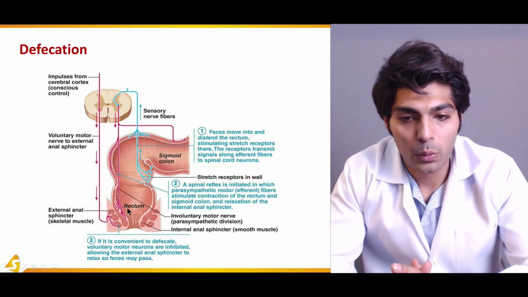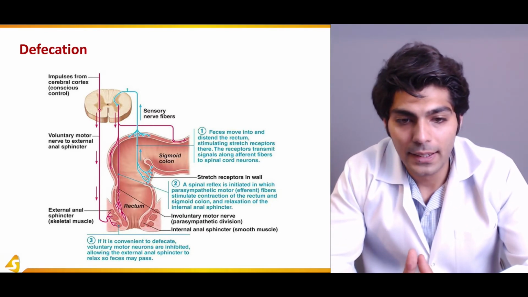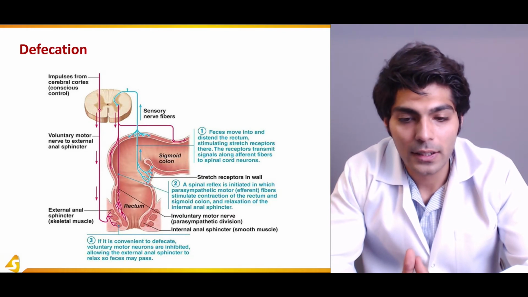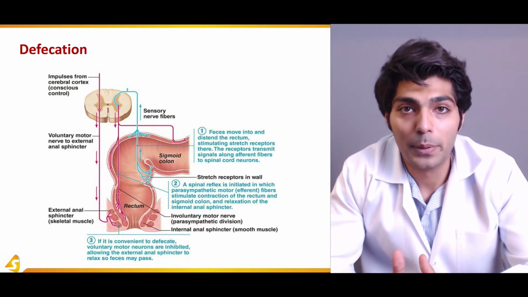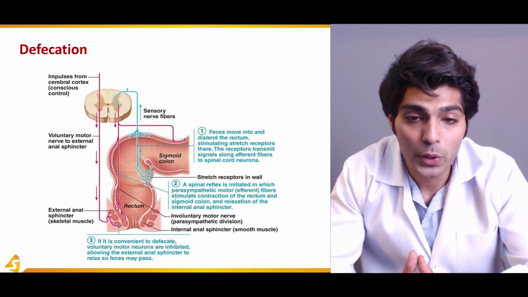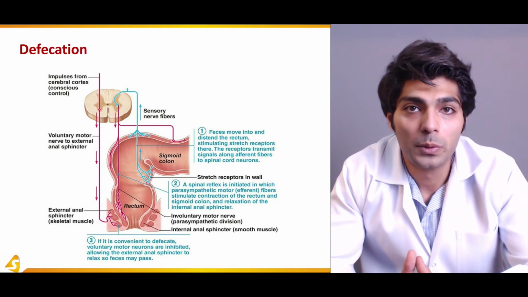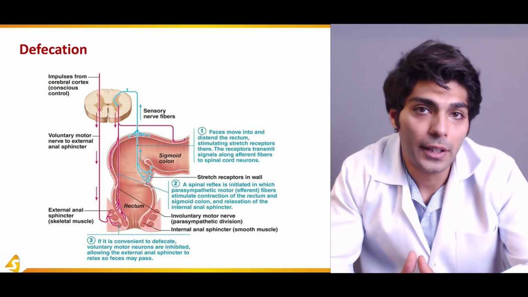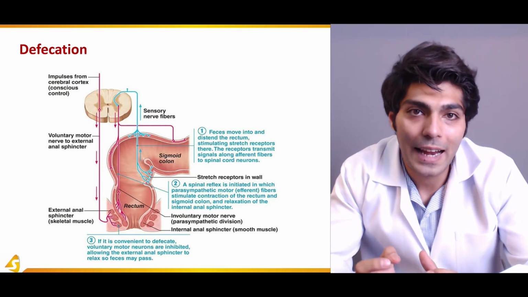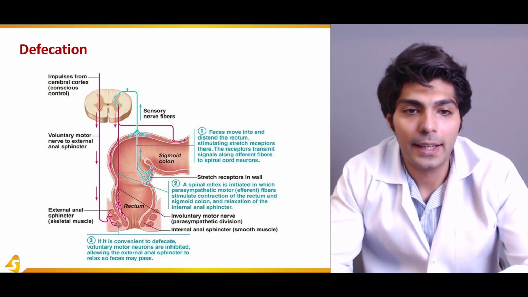So once the internal anal sphincter is relaxed, there is an involuntary motor nerve of the parasympathetic division that relaxes the smooth muscle of the internal anal sphincter, and it enters into the rectal area.